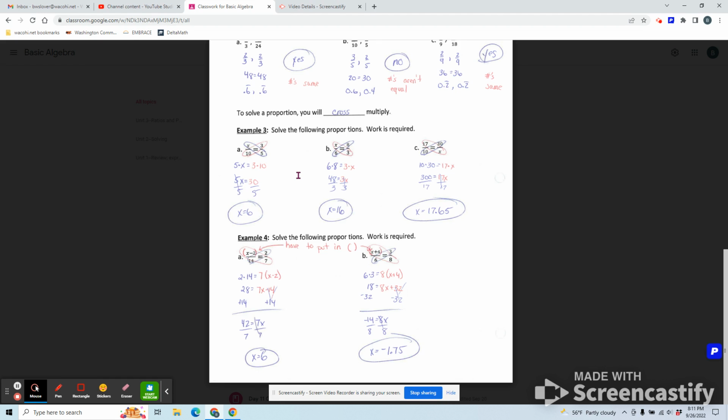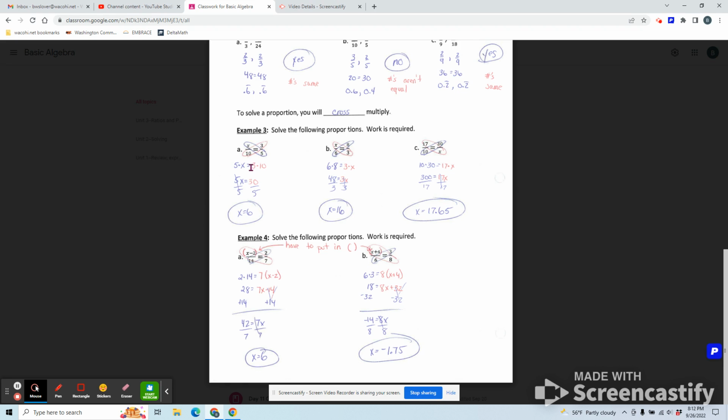Instead of cross multiplying, they may have mentioned means and extremes, or maybe a butterfly or something along those lines. But we're going to stick with proportion and cross multiplying. I'm choosing to start up here and go down over here. That's my choice. You can start elsewhere, and I'll show you that in example B. You're going to get the same results whether you start with x and the 5 or the 10 and the 3.